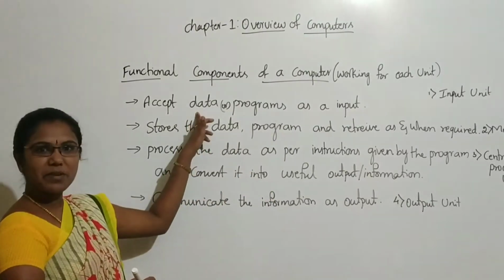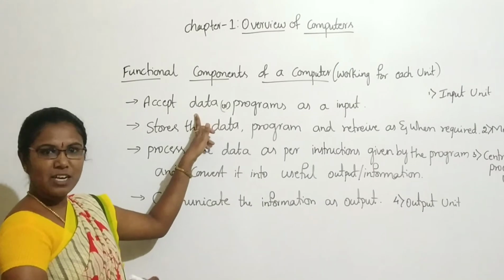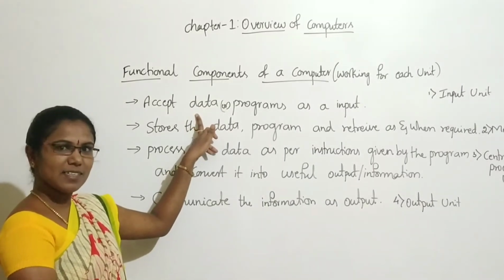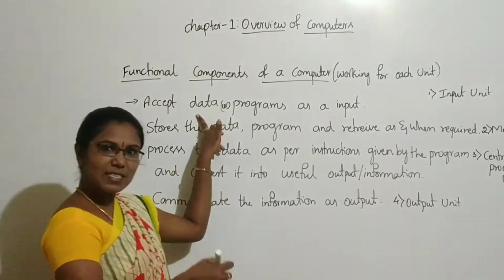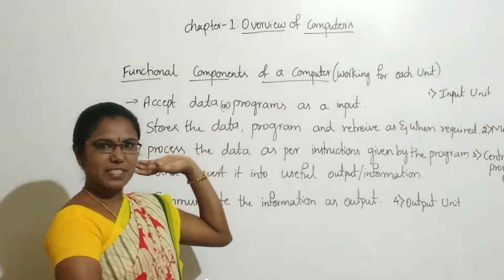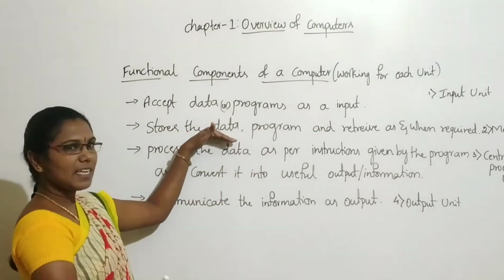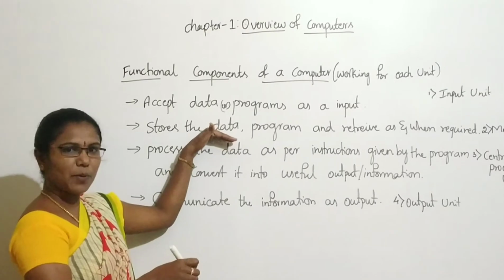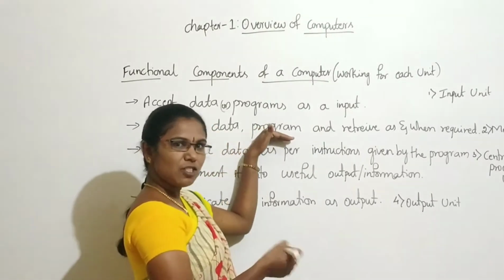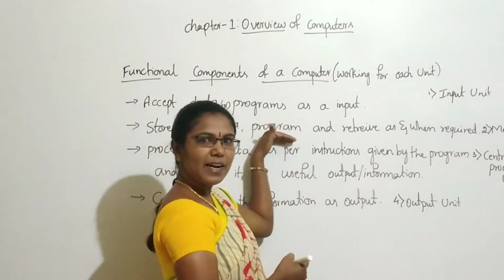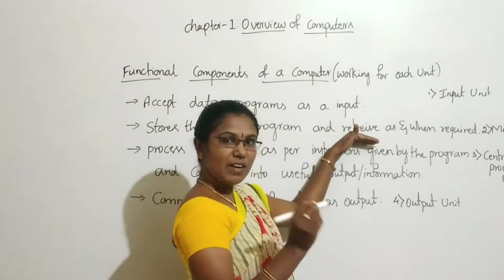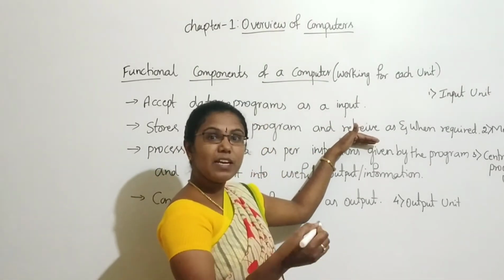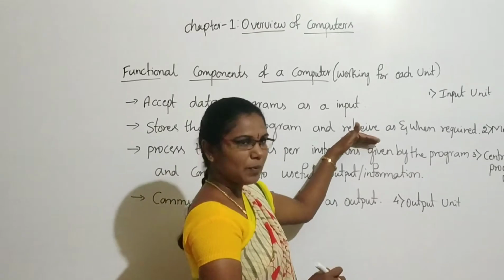So which unit helps to perform each function? To accept data or programs as input, we use the input unit devices. Next, store the data. Where should the data be stored? In memory. Where should the programs be stored? In memory. And it will retrieve. Once the data is stored, only then can we retrieve the data from the memory.